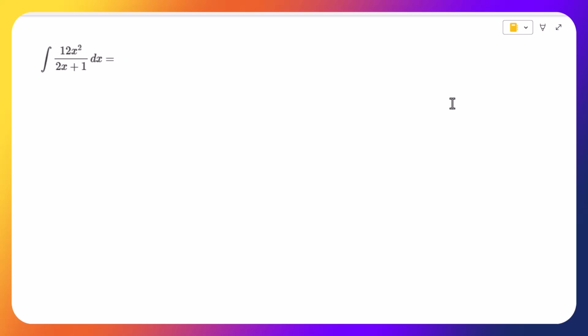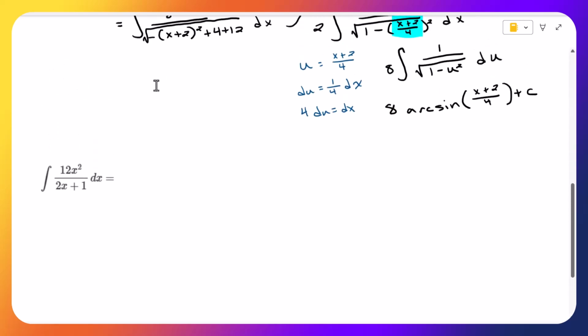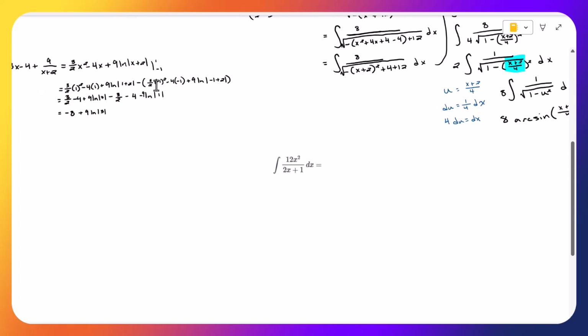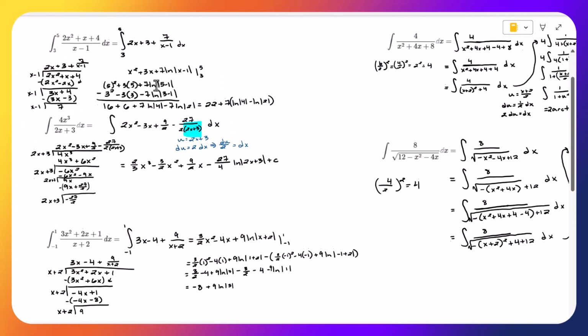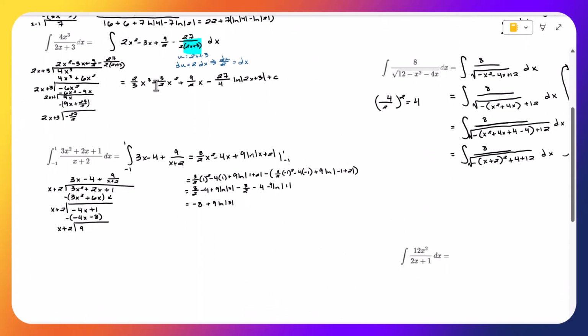I want to talk a little bit about the start of this one because something tricked me, which is why I accidentally tricked y'all. Let's talk about this one and let's put it in context of everything we've done. Would we be using long division or completing the square here?